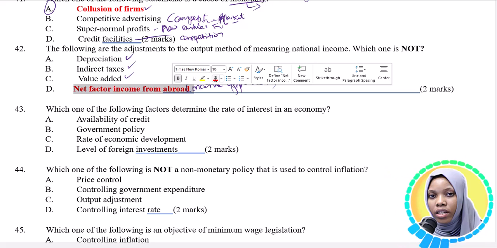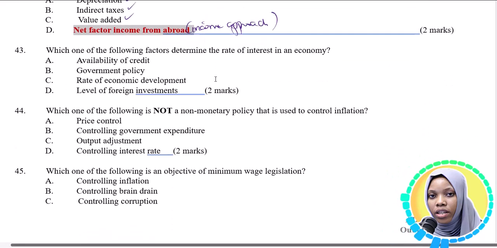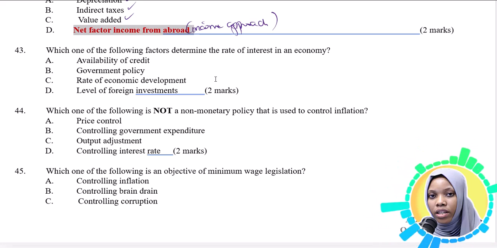Very fast we move to question number 43, which states, which one of the following factors determines the rate of interest in an economy?